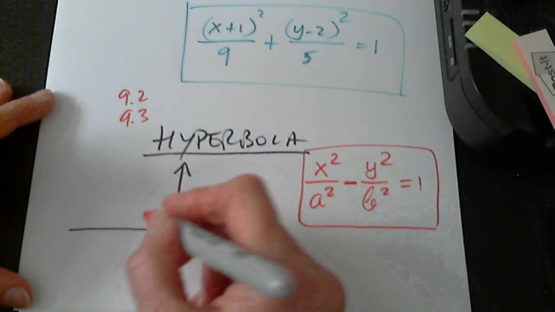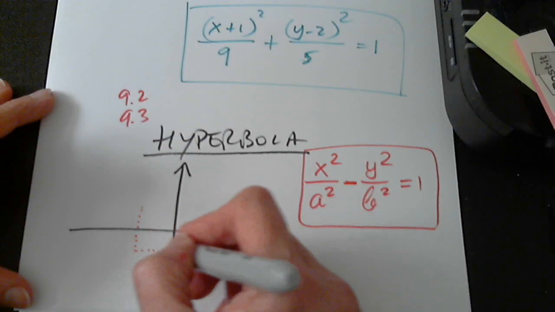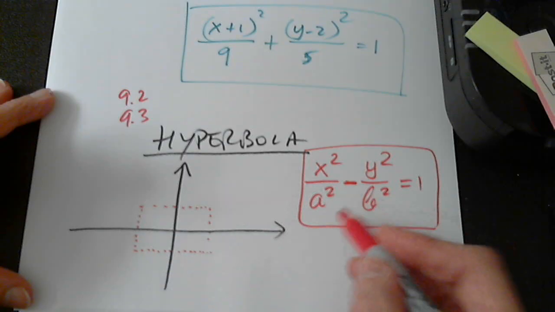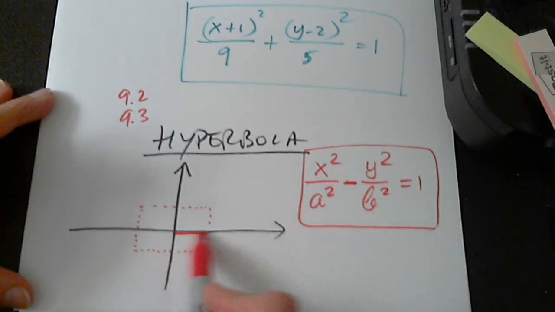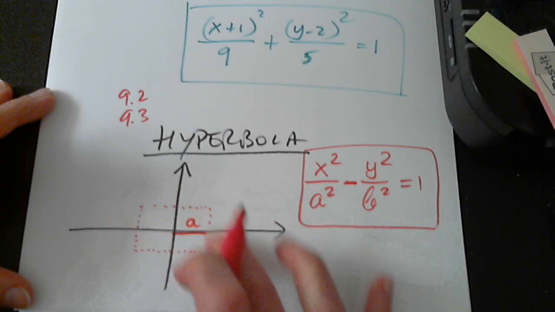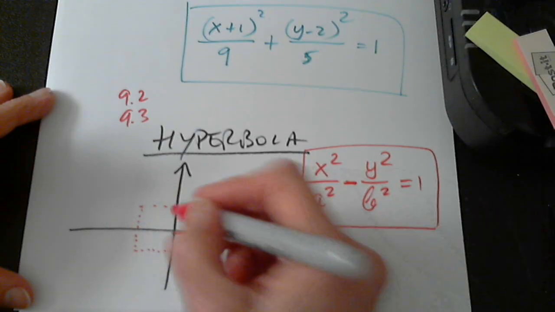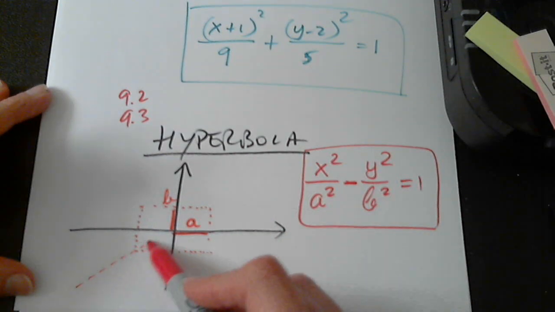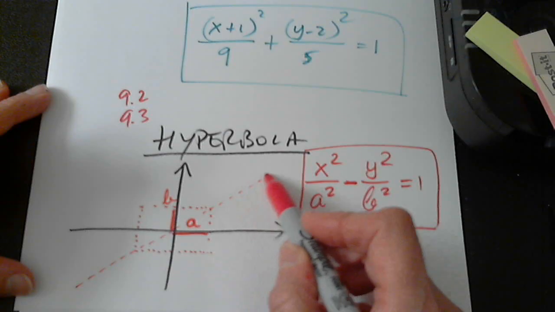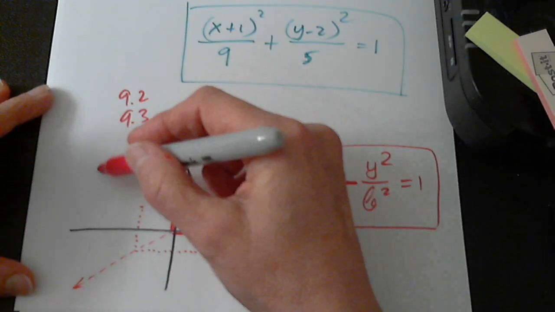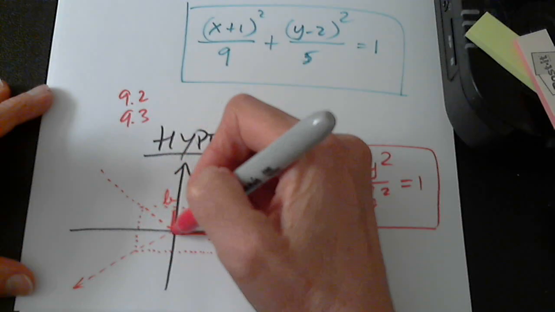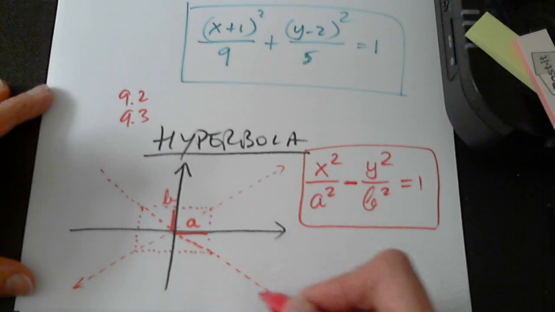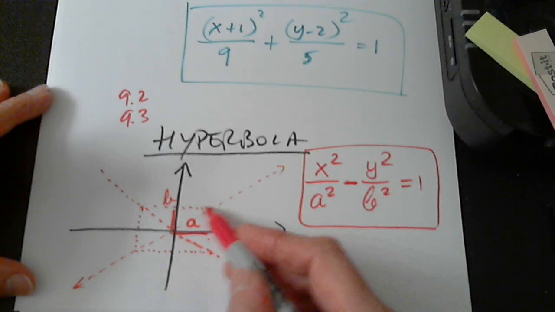The way I will show it is we will create a box. This is not part of the hyperbola. a will be this, that's why I graphed it dashed. b will be this piece. We will draw two asymptotes through the origin and through the corners of the box.